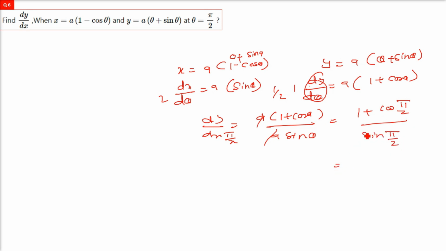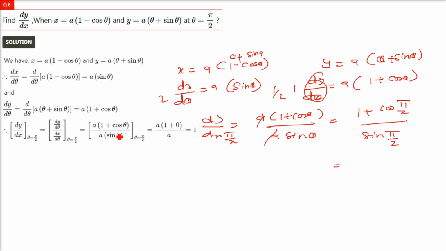So what are you going to get? See, cos 0 is 1, cos 90 is 0, sin pi by 2 is 1. So 1 plus 0 by 1, you will get 1. Let me tell you again. What you have to do is first find out dy by dx the way we have discussed up till now. Finally, in the place of theta, just replace it by pi by 2.